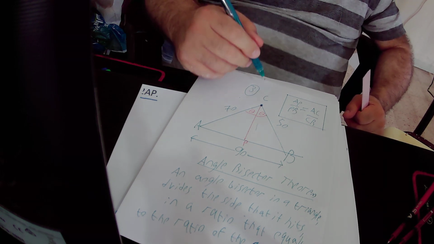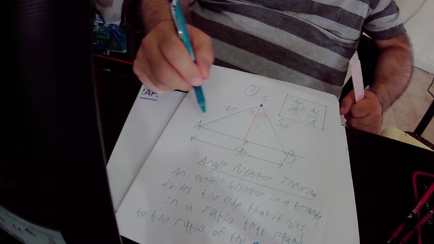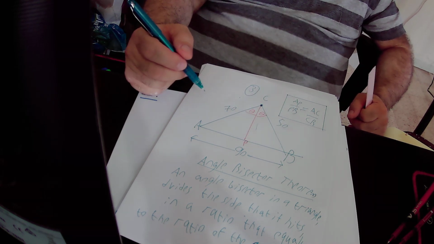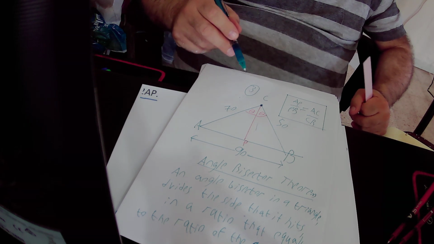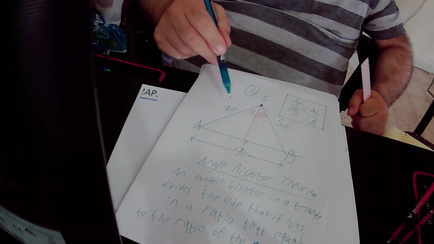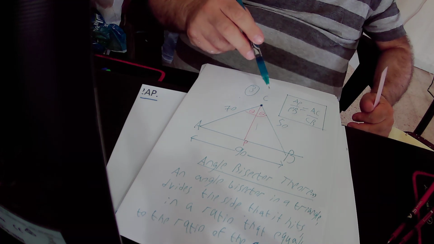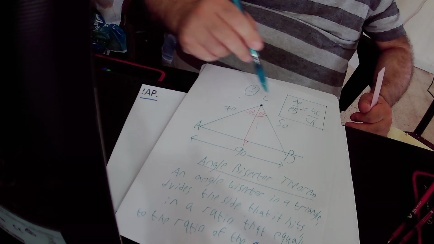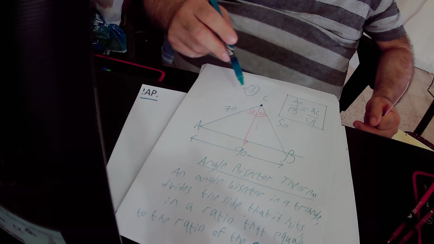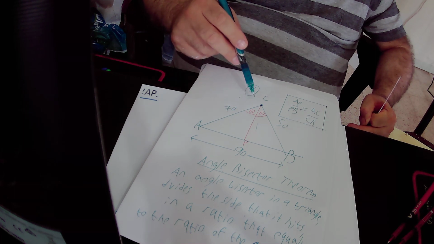The ratio in which CP divides side AB, that is to say AP over PB, equals the ratio of the sides of the angle that is divided into two equal parts. This angle is angle ACB, and the sides of ACB are side AC and side CB.